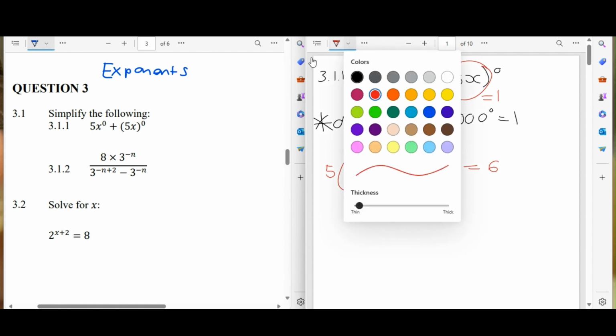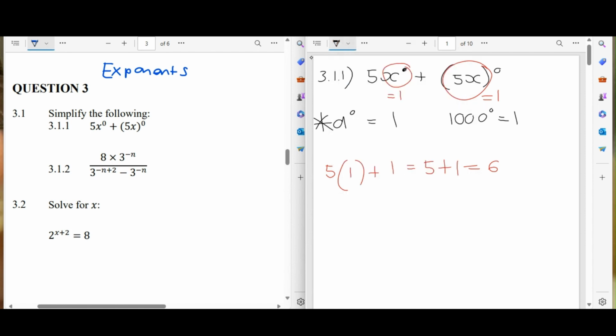The second question there, 3.1.2. We have 8 times 3 to the negative n over 3 to the negative n plus 2 minus 3 to the negative n.